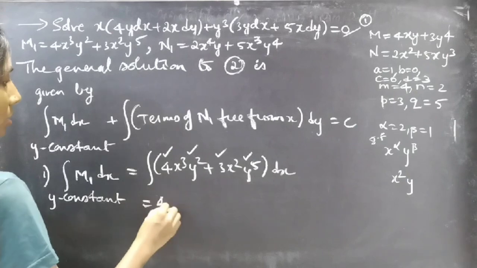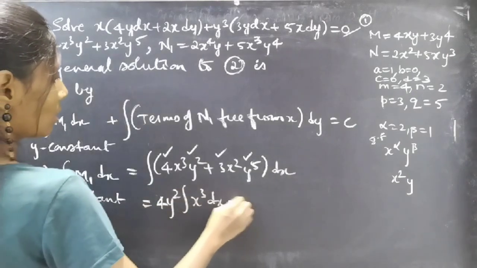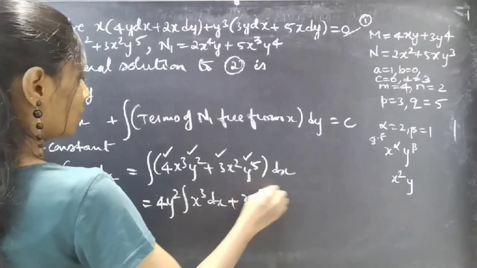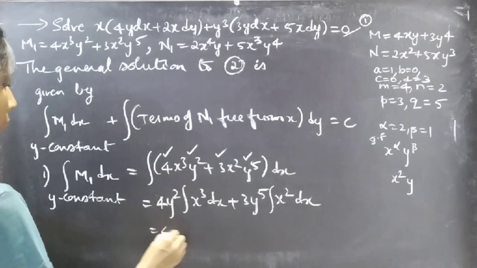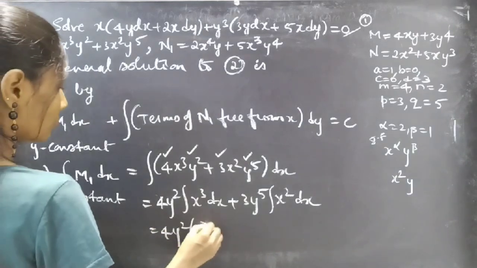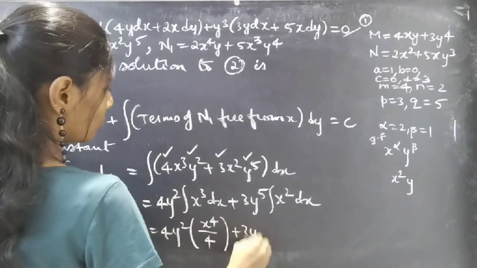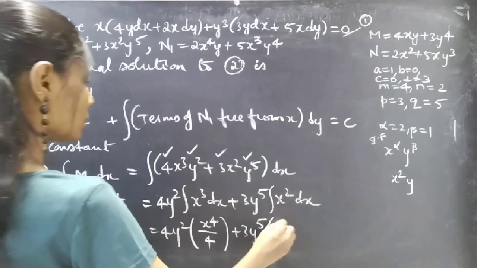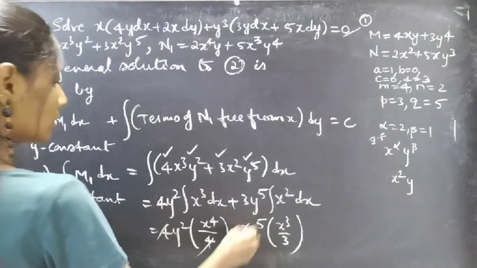So we can write this as 4y² integral x³ dx plus 3y⁵ integral x² dx, which gives us 4y² into x⁴/4 plus 3y⁵ into x³/3. 4 gets cancelled and 3 gets cancelled.